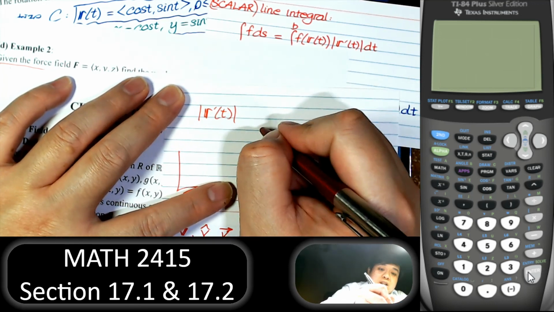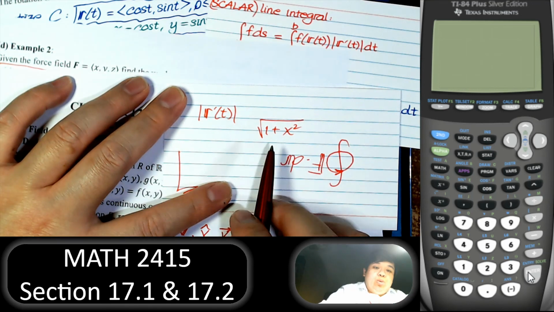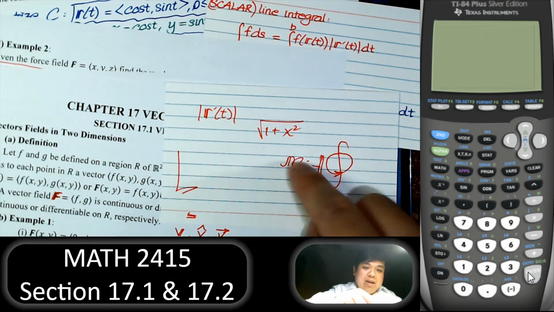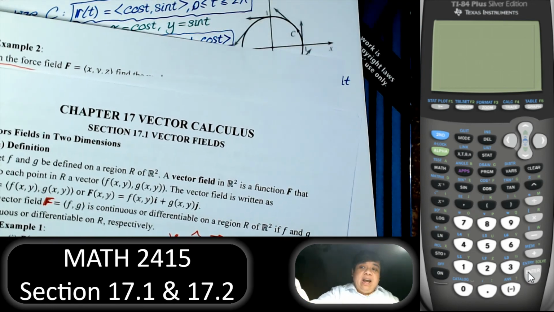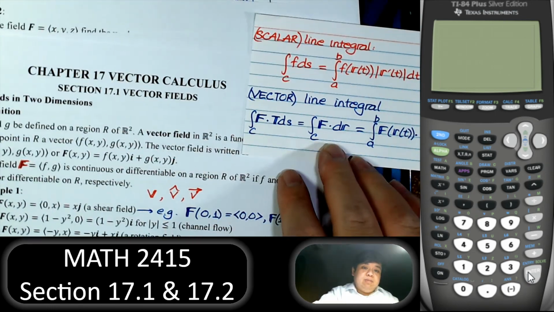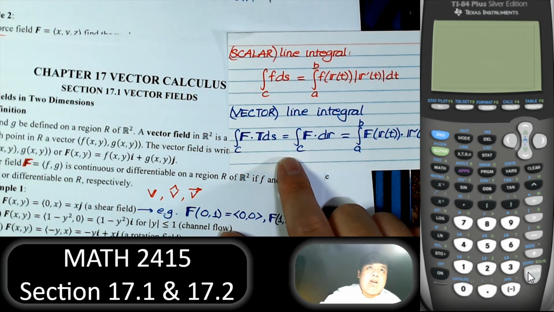If it happened to be something like 1 plus x squared, this is extremely painful to integrate. So that's why we usually have a lot more, and in terms of application also, there's a lot more application in the vector version of the line integral.